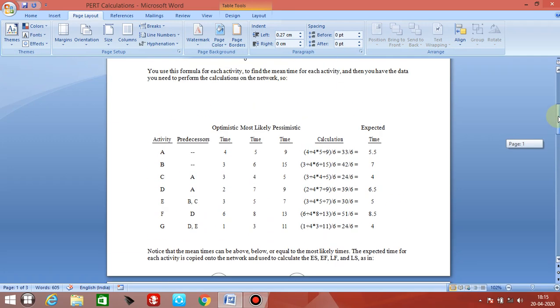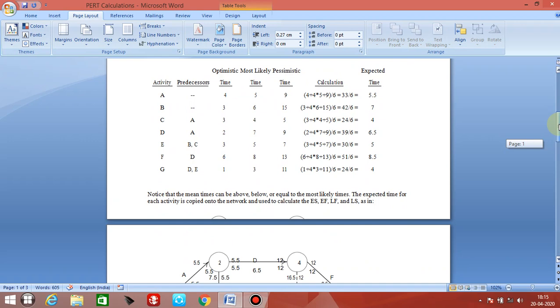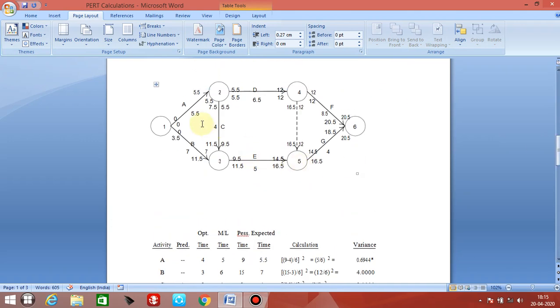Now here you see that C has predecessor A. So from node 1 I have drawn node 2 and node 3.